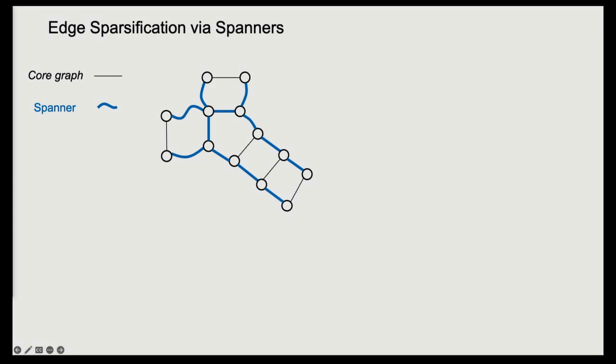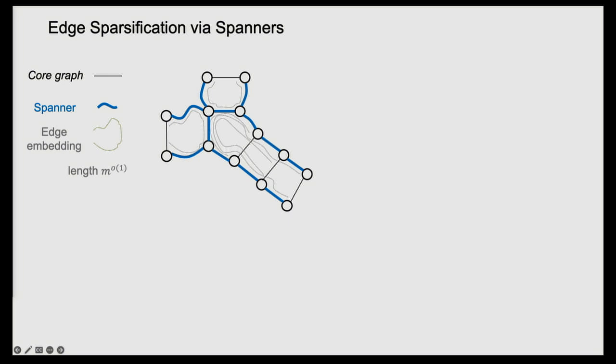So in particular, we'll be able to say that there is a path, which I'm calling an edge embedding, for every edge that we threw away, of length at most m to the little o(1). Now, I claim that, in fact, this means that all distances are preserved in the graph. Can somebody tell me why?